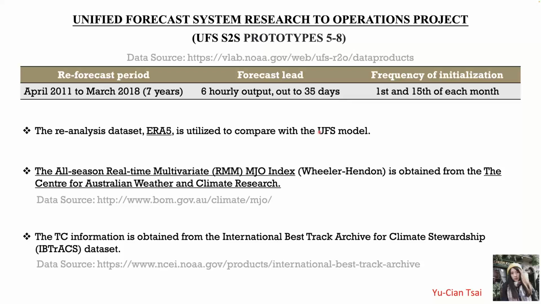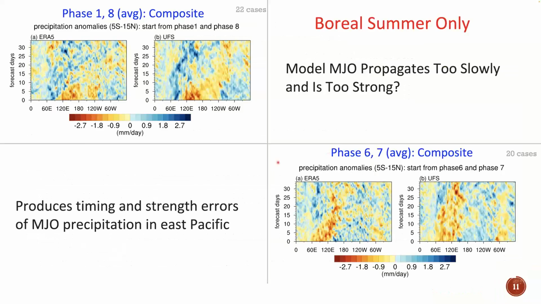We looked at 4 different UFS prototypes, and the reforecast period for this is April 2011 to March 2018. We're going to look at the ability of UFS to forecast conditions associated with cyclogenesis in the Eastern Pacific at subseasonal timescales, and we're going to use the RMM index of Wheeler and Hendon to diagnose what the initial MJO state is, much like we did for the GEFS results that I showed before.